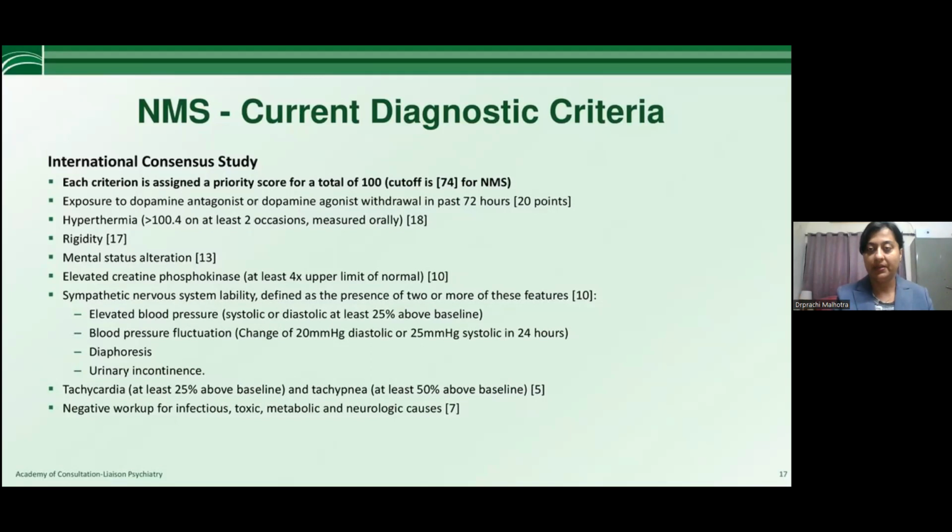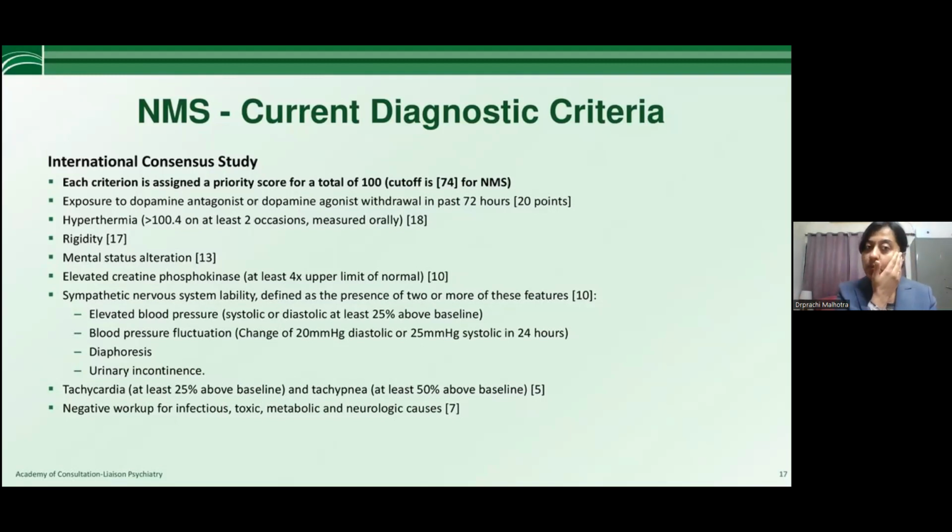Each criterion is assigned a priority score out of a total of 100, and the cutoff is 74. If your criteria meet 74, then the patient has neuroleptic malignant syndrome. You don't have to remember how many points to give, but you should know at least these criteria.